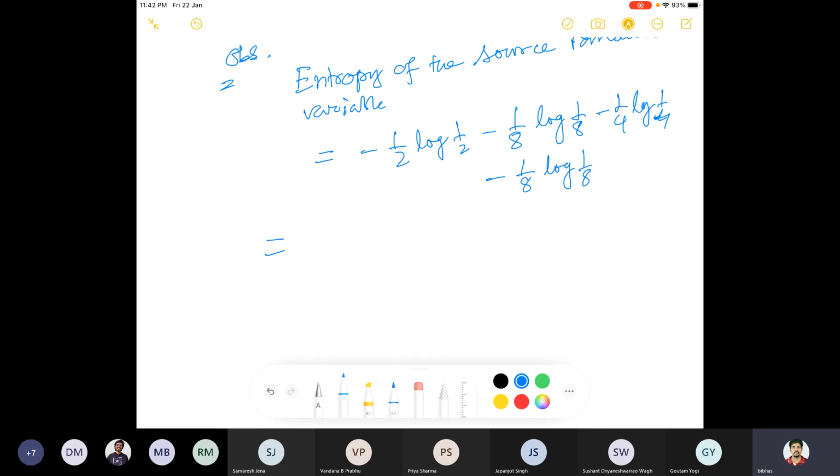Sir, we have to calculate on base 2, right? Yes, base 2, because I'm saying bits. So half into 1, because it is 2 to the power minus 1, plus 1 by 8 times 3, plus 1 by 4 times 2, plus 1 by 8 times 3.